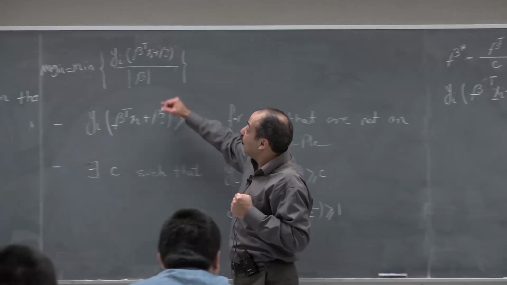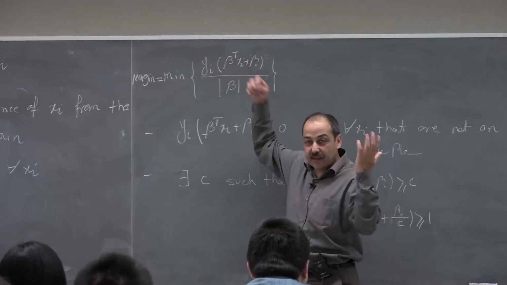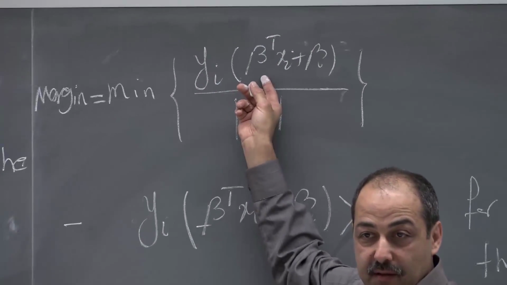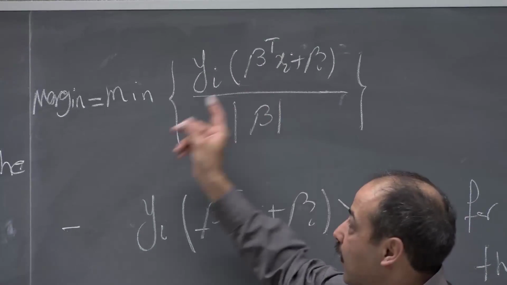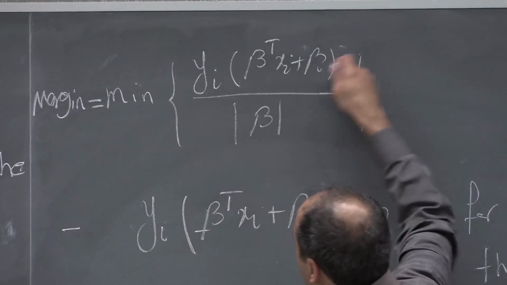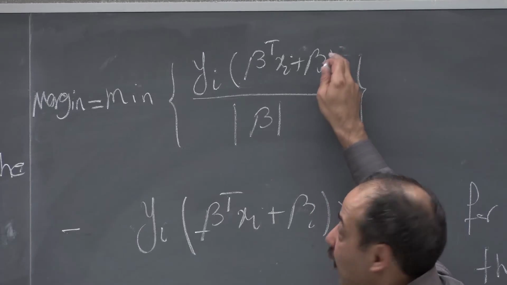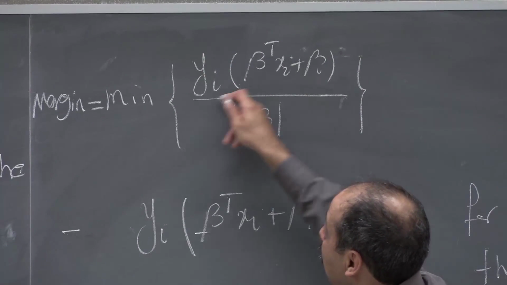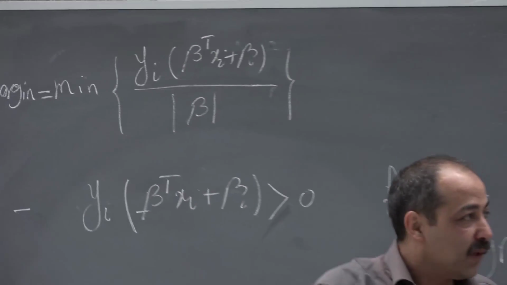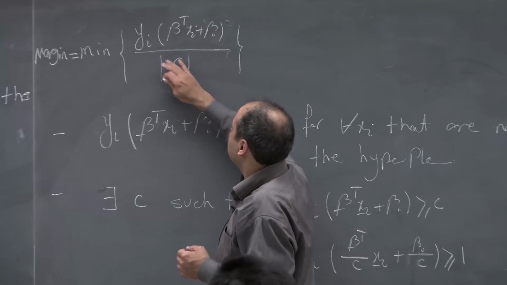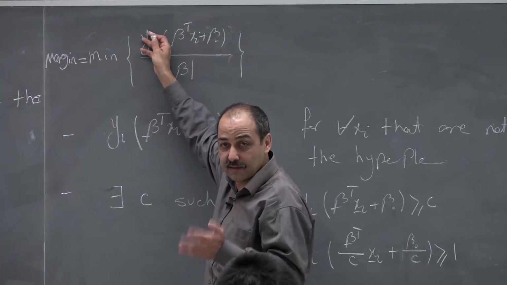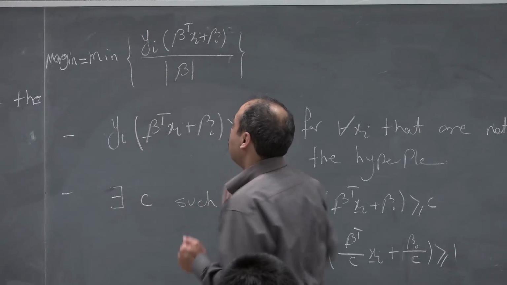So if the lower bound is 1 for some beta, it means that this quantity for some beta is 1. And if I'm interested in minimizing this, the lower bound of this quantity is 1. So I have to minimize this and I have to maximize this. But we fix beta, we rescale beta, and now for some beta that has been fixed for some norm, this is 1 at least, the minimum is 1.